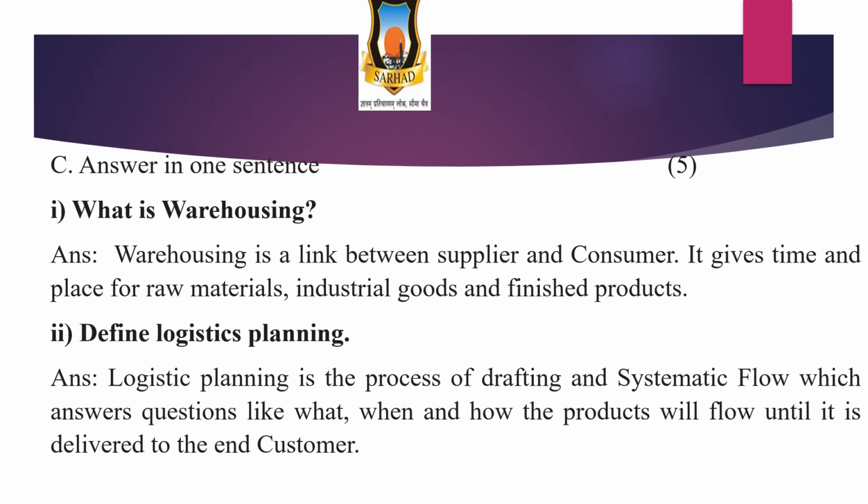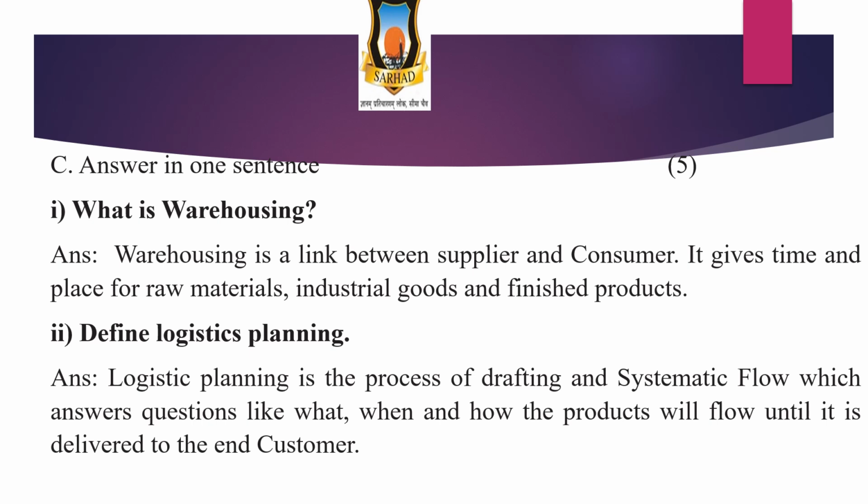The next question is: answer in one sentence. Each question carries 1 mark. The first is, what is warehousing? Warehousing is a link between the supplier and the consumer. It gives time and place utility for raw materials, industrial goods, and finished products.